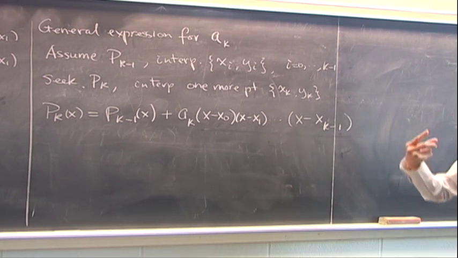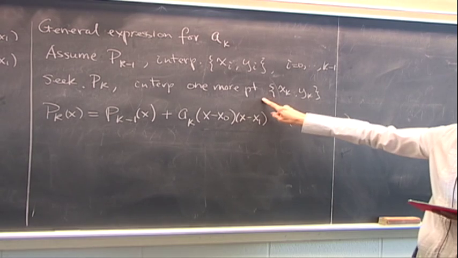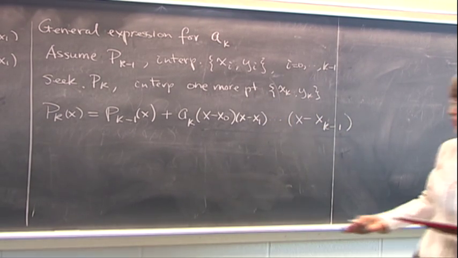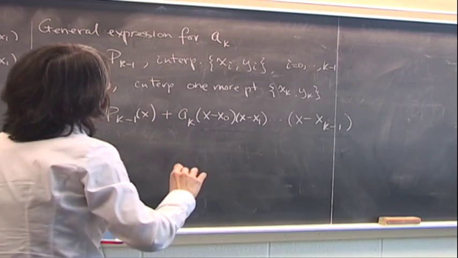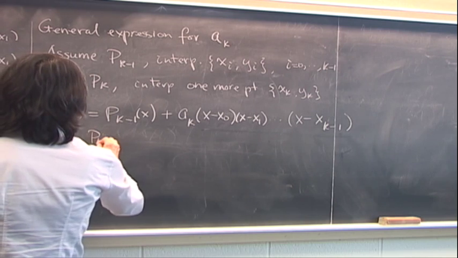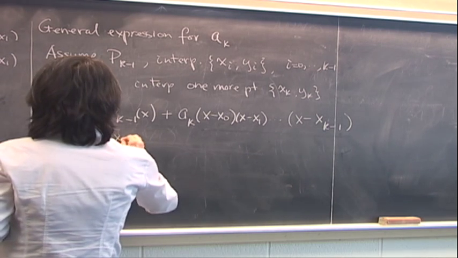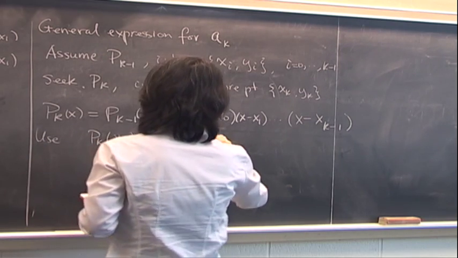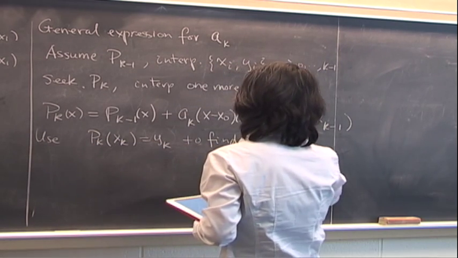So you just need to worry about the last term that you add. Okay, is it clear? Okay, so we will use that to find exactly my Ak. So use pk at xk equals yk to find Ak.